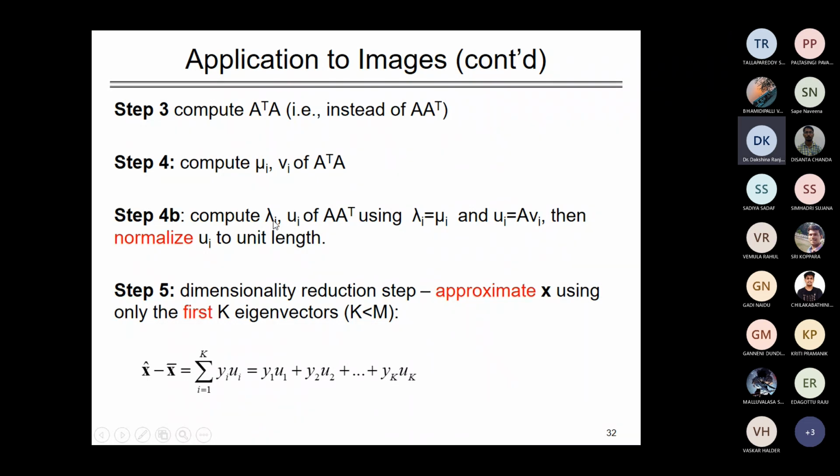In the next step we will compute lambda i, so we will compute the eigenvalues and corresponding eigenvectors. Then in the dimensionality reduction we have to approximate x using only the first k eigenvectors. We have already computed how we can choose the k values by taking the ratio and selecting the corresponding k eigenvectors. So we have already gone through this.